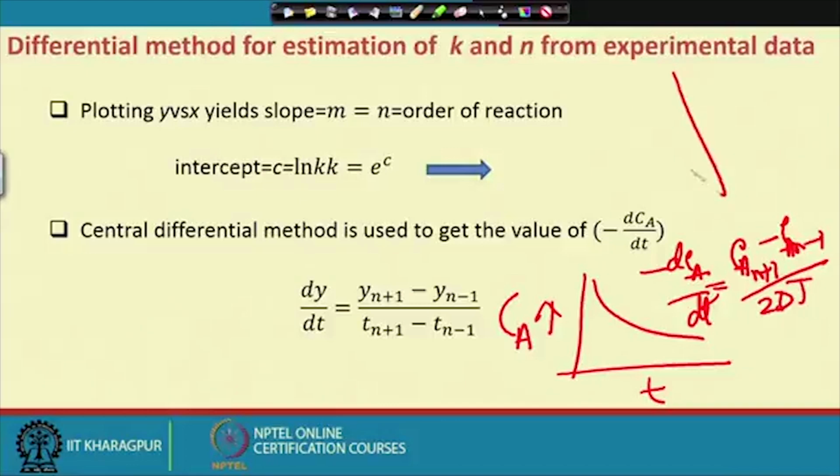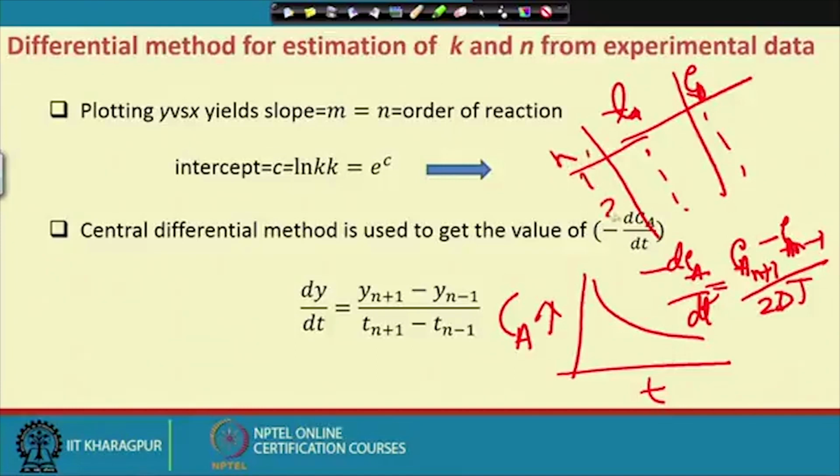Suppose you have T and Ca values. So, you have different values here. This is the number of sampling points n, this is 1, 2, 3, 4 like this. So, if you want to find out Ca n plus 1, you have to take the value here, and n minus 1 means at 0 hour you have some value, you have to take the value of 0 hour, and del t is the time difference.